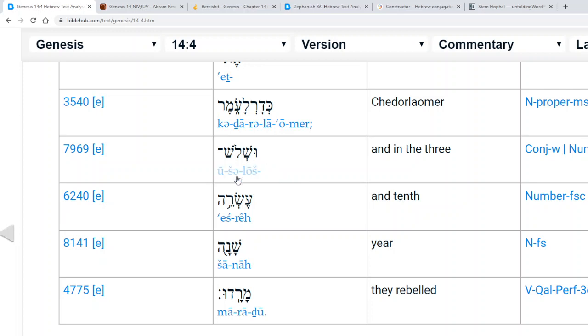I guess 13th is also not an easy conjugation in Hebrew. I guess they're going off of the fact that it says 12, 13, 14, so they're saying that it's talking about the 13th year as opposed to 13 years.